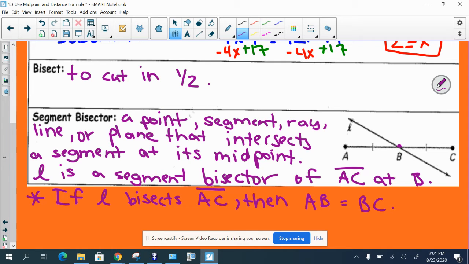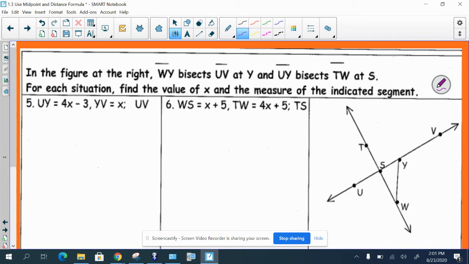All right. So just a few simple examples. In the figure at the right, WY bisects UV at point Y, and UY bisects TW at point S. So segment WY bisects UV, that means that UY is equal to YV.